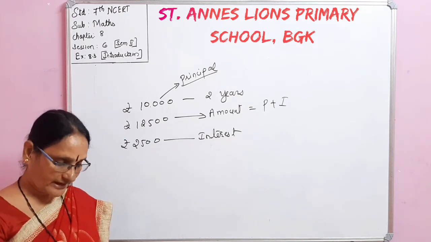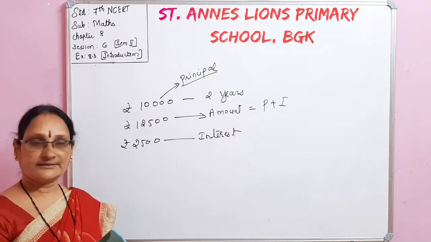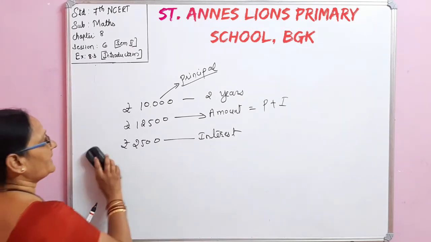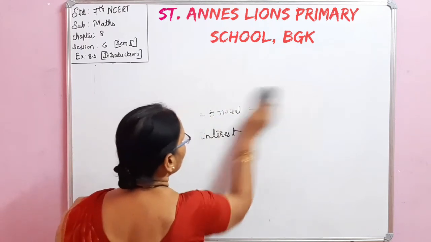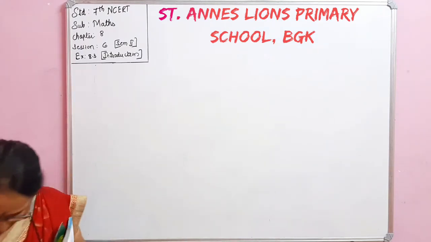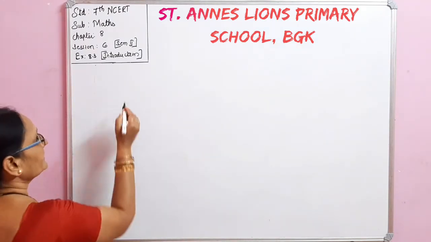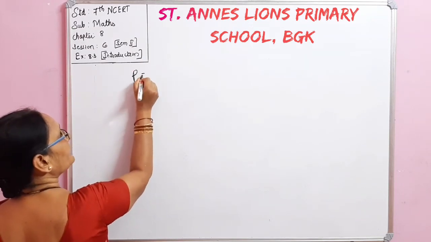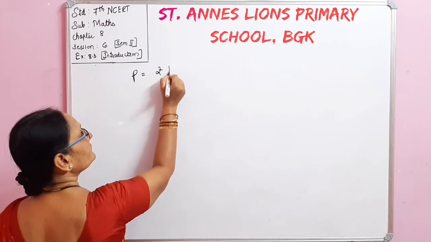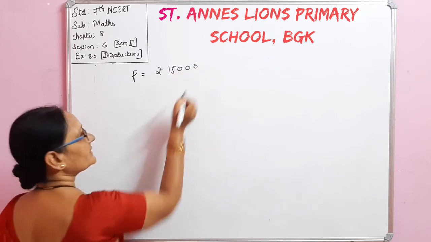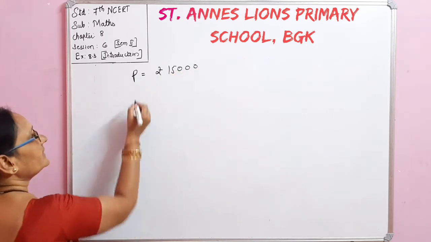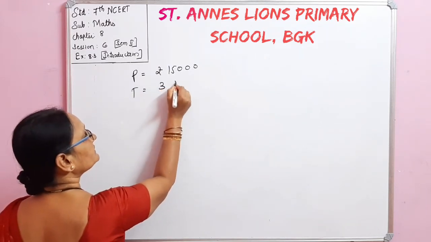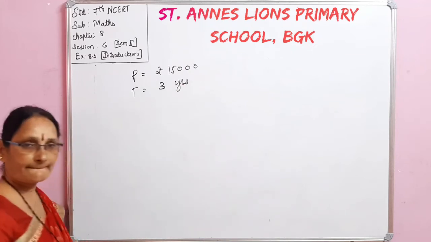Okay, here is how to calculate the interest. One example I will show you, that is how to calculate simple interest. This is called simple interest. See here, the principal, rupees 15,000, I am keeping in the bank, and the time, how many years I am keeping it, is 3 years.